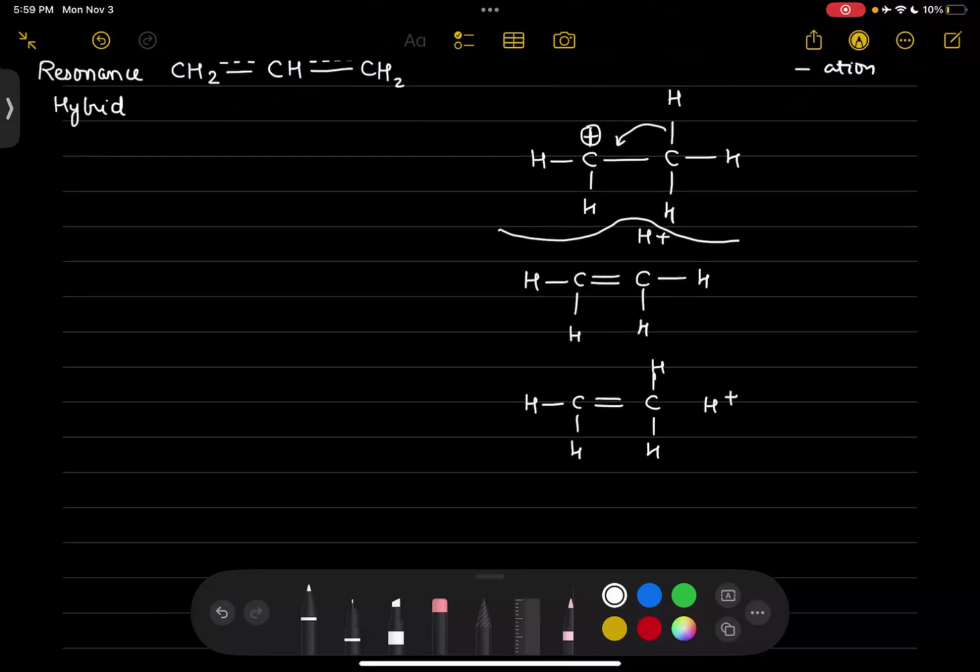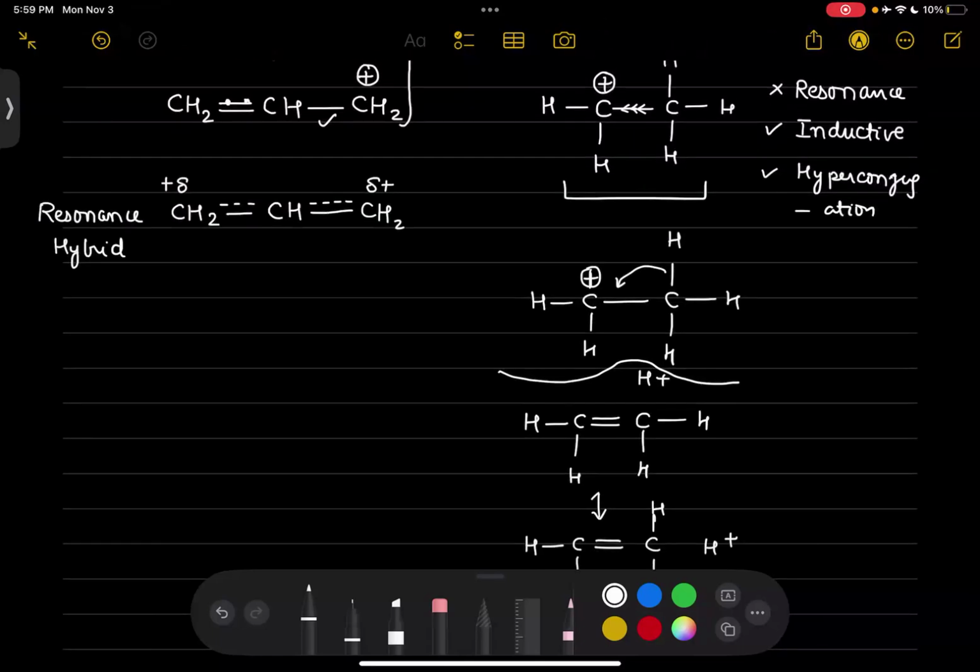Why do we write H plus alone? Because if the electrons of the CH bond participate, they give their electrons to the cation, and then H plus is left.